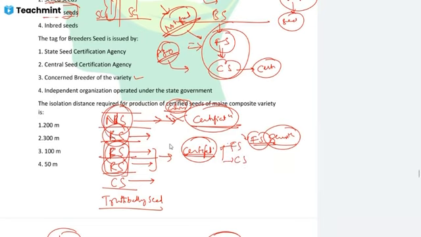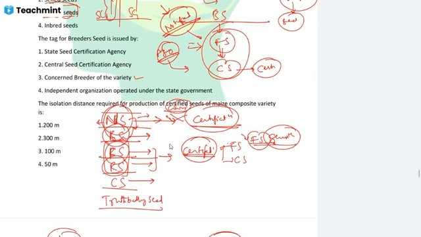So nucleus seed and breeder seed are actually very limited in quantity, and they are produced by the concerned breeder who has developed the variety. He will be multiplying this nucleus seed, so he will definitely take utmost care to have maximum purity in terms of genetic and physical purity.